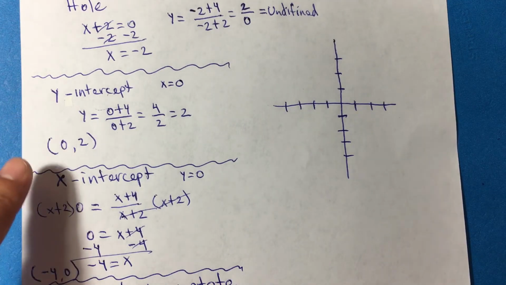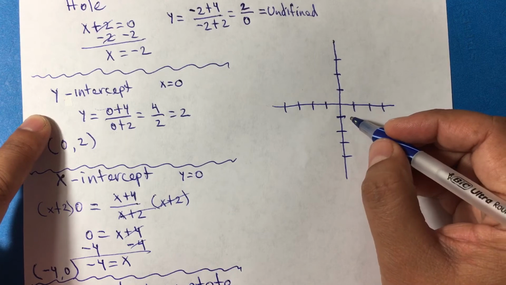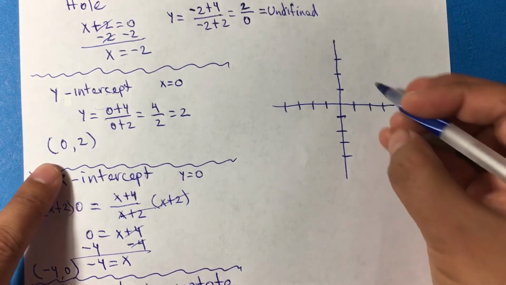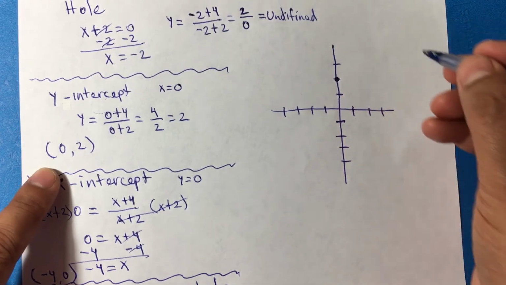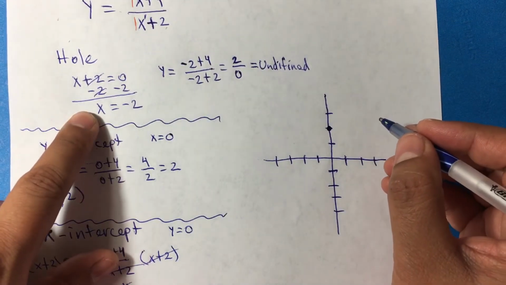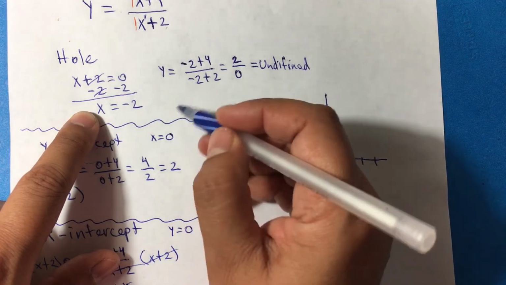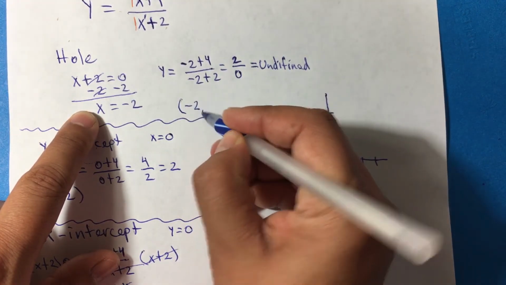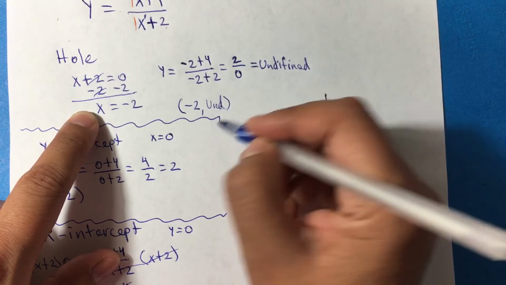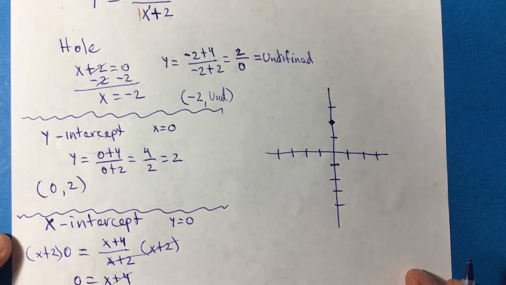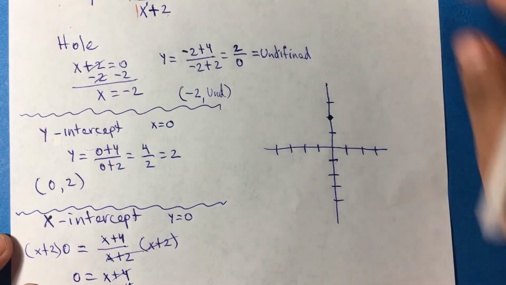In here, let's go first with the important information. The y-intercept is at 0, 2, so 0, 2 is right there. Oh, and we said that we're going to do the hole first. So remember that we have x is -2, but then it's undefined for y, so we don't know exactly where to put that hole. So we have to be very careful with that.